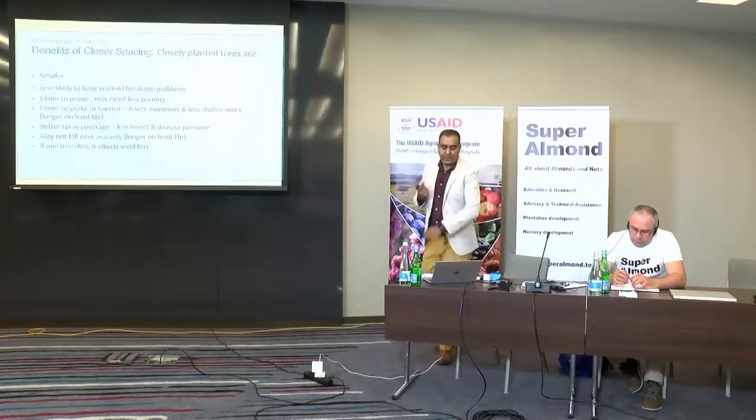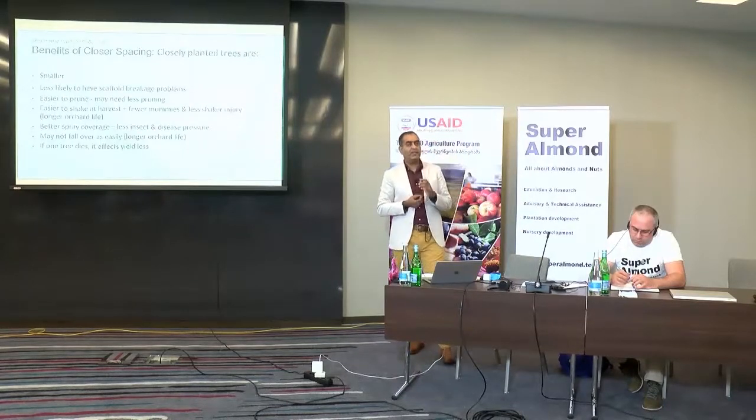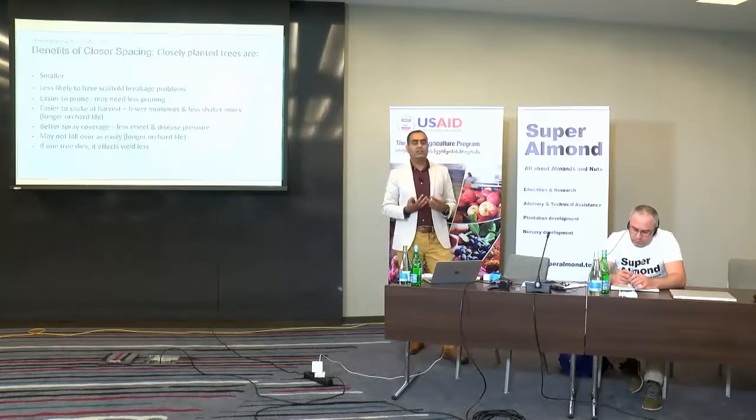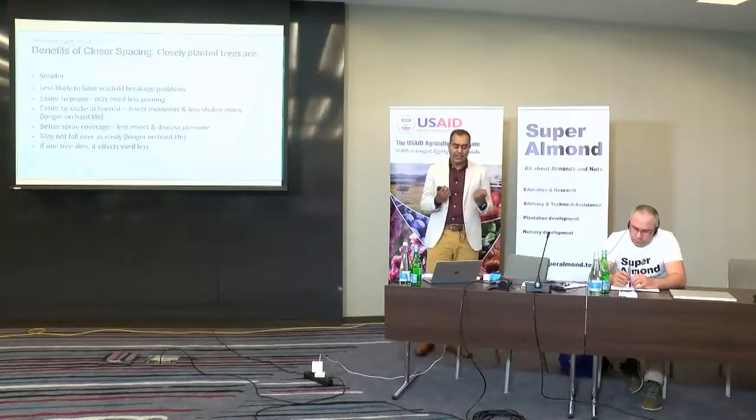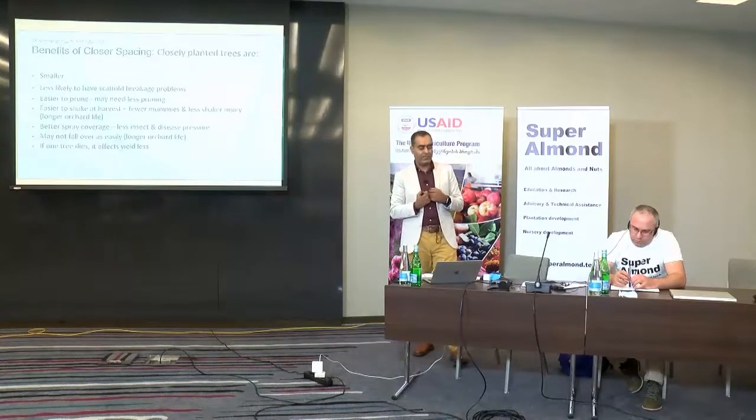So let's sum up the benefits of closer spacing. The closely spaced trees are smaller, and they're less likely to have scaffold breakage or other problems. They're easier to prune, so they may need less pruning. They're easier to shake at harvest.